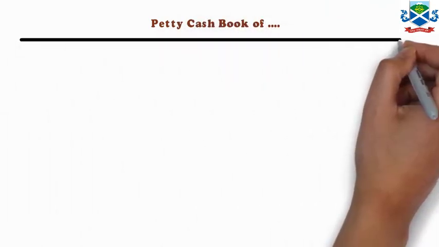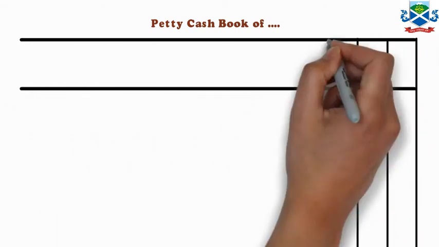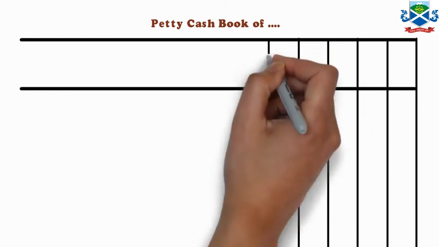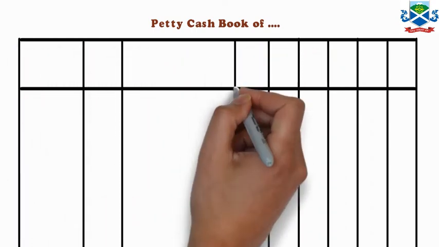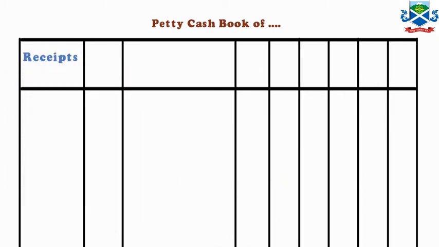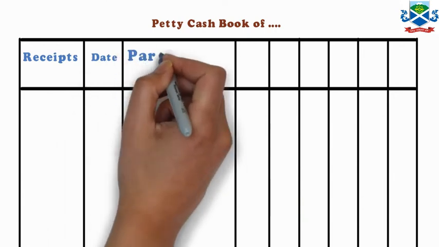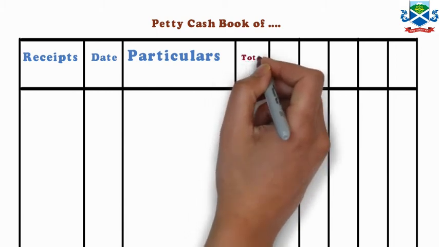Look at the format. We have a small column for each type of expense. There is no debit and credit side over here, so we'll write the receipt column on the left, then date, then particulars, and then the first column is the total of all expenses.